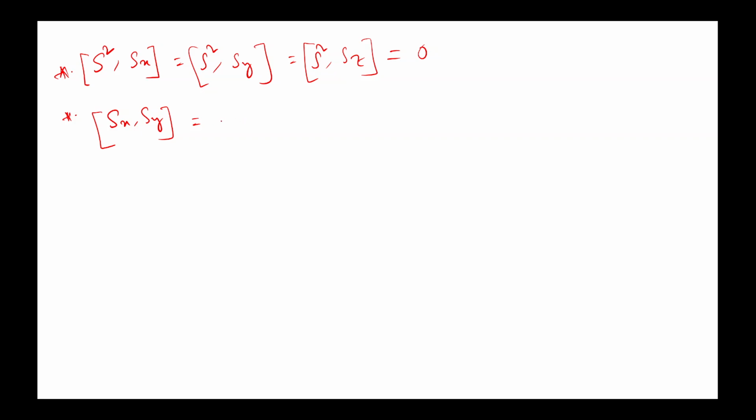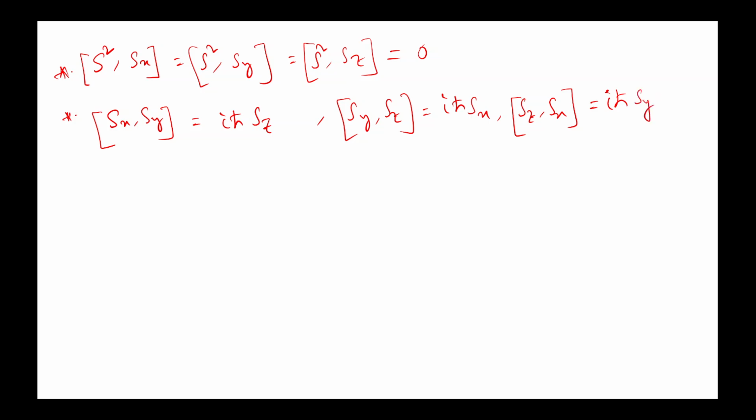From there you can see these rules are very generalized, because this spin can be treated similarly as the angular momentum vector. Then SxSy commutator is i h cross Sz, and SySz is i h cross Sx, and SzSx is i h cross Sy. Okay.